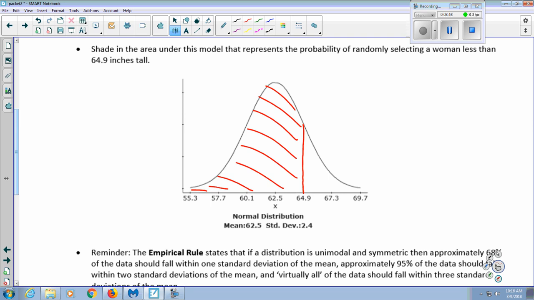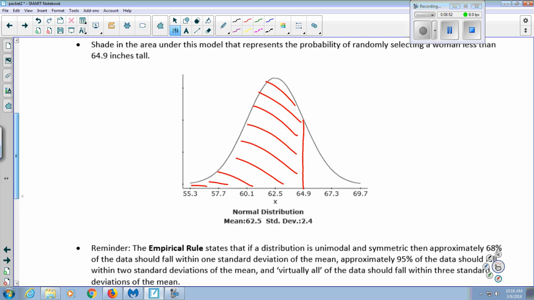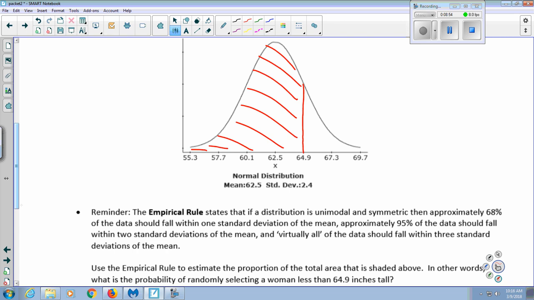We could use some stuff we know already about the empirical rule. Remember, the empirical rule states that if the distribution is unimodal and symmetric, then approximately 68% should fall within 1 standard deviation. So if we think about that, this is 1 standard deviation. So we're saying 68% falls in this area here.